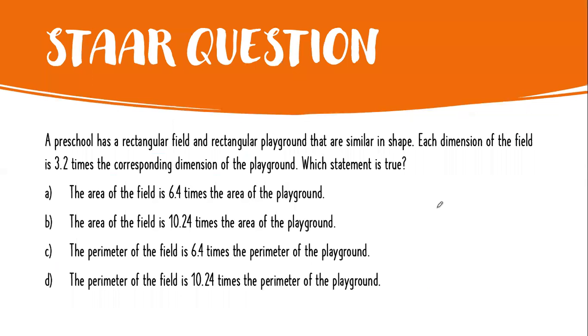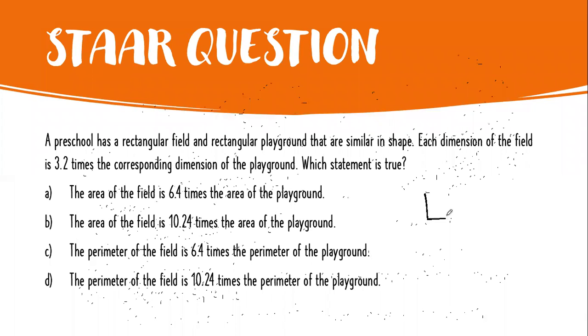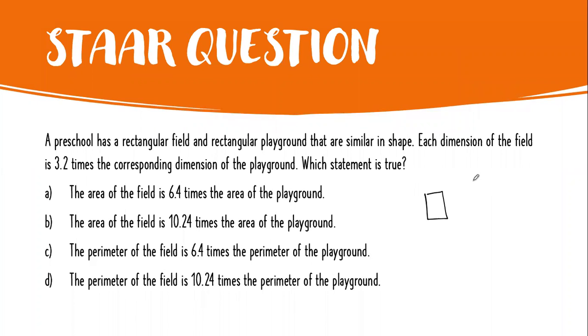So the last thing that I want to talk about, this is the only star question I've ever seen about this topic. So let's read through it, and then we're done. A preschool has a rectangular field and a rectangular playground that are similar in shape. Each dimension of the field is 3.2 times the corresponding dimension of the playground.